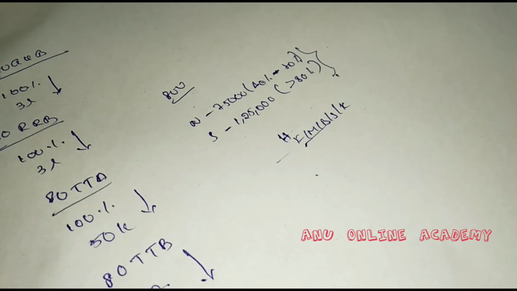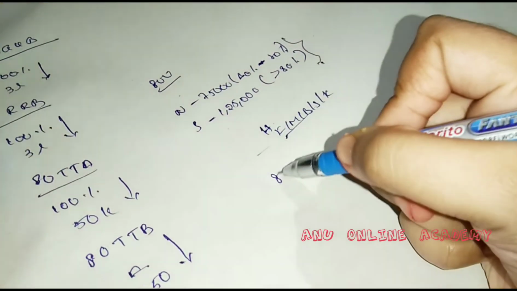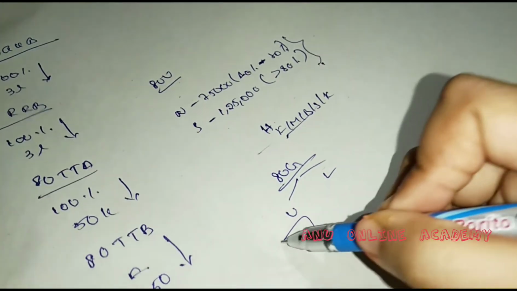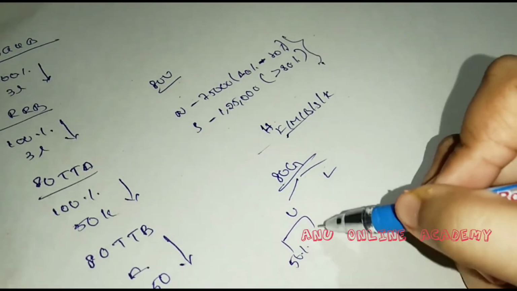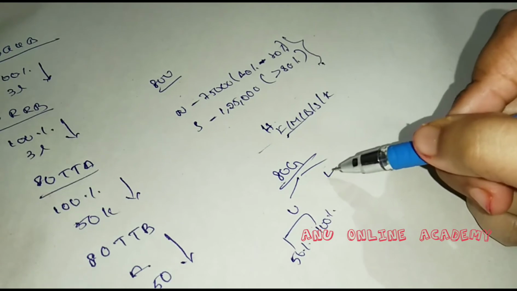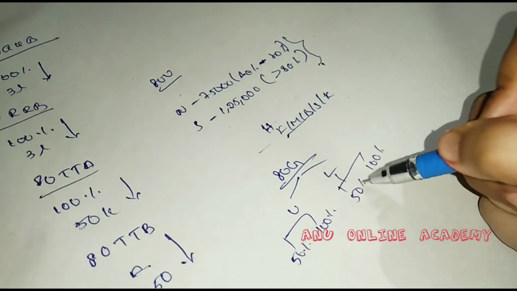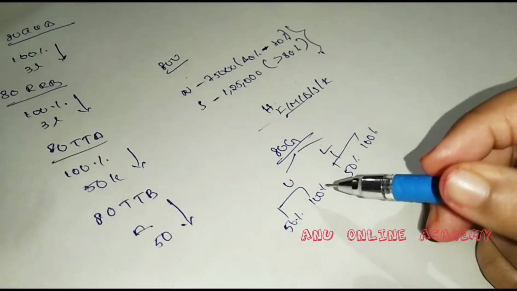And see the next section 80G, donation, unlimited and limited. In unlimited, 50% deduction and 100% deduction cases. In limited, 50% and 100% deduction cases. And see the first, unlimited.